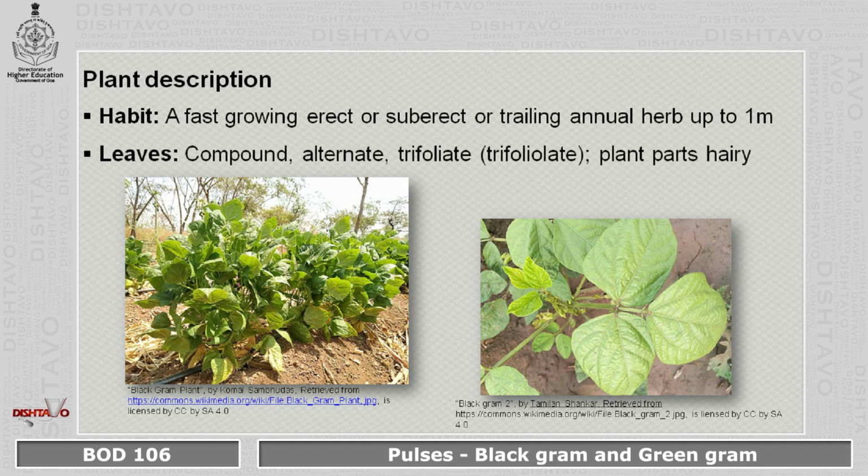And the leaves are compound. You can very clearly see here the leaves are compound, trilobed, that is called trifoliate, or also you can call trifoliolate. And you will find all the plant parts are hairy. You take petiole, leaf, fruits, they will be hairy in nature.